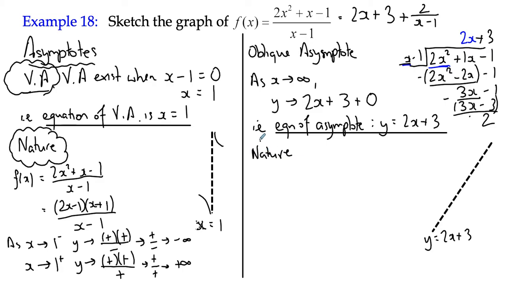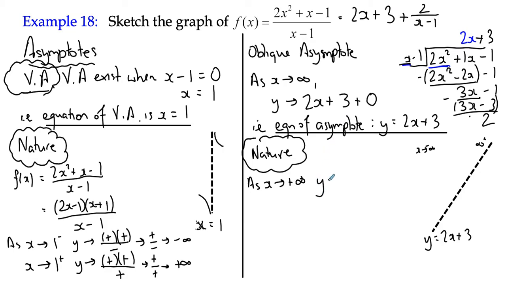In this case we're looking at the values of y as x tends to negative infinity, and as x tends to positive infinity. So as x gets very large, tending to positive infinity, what happens to y?